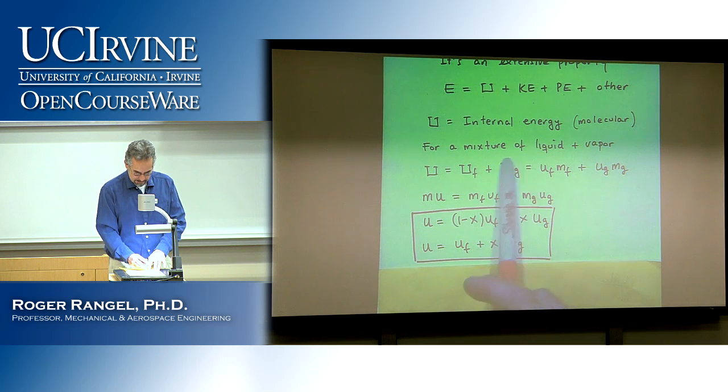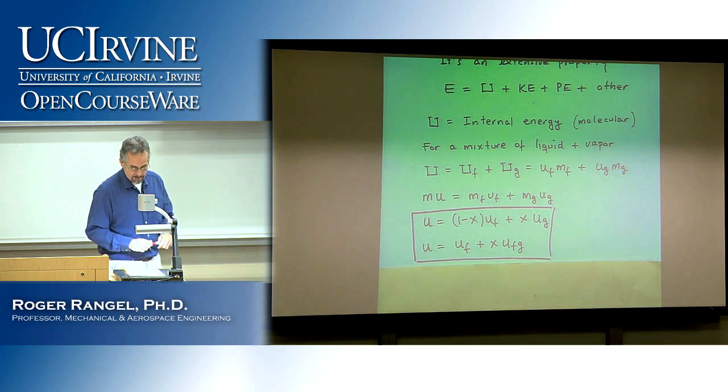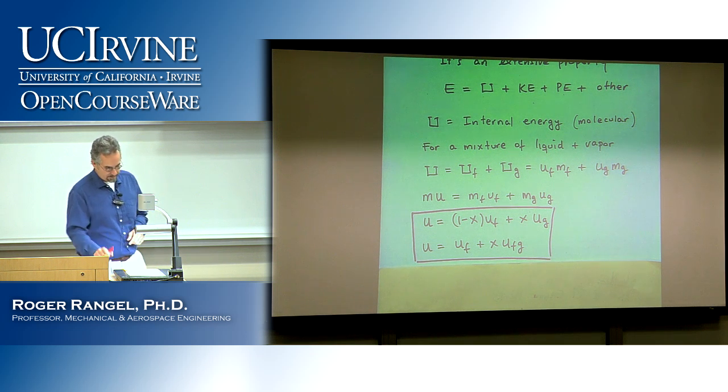So if my system has both liquid and vapor, its total energy will be the sum of the liquid energy and the vapor energy. And I can break it down into specific internal energy for the liquid and specific internal energy for the gas. Multiply them times the mass.